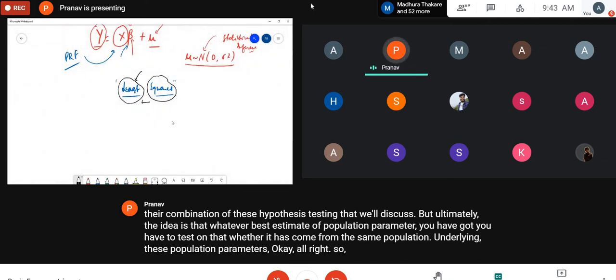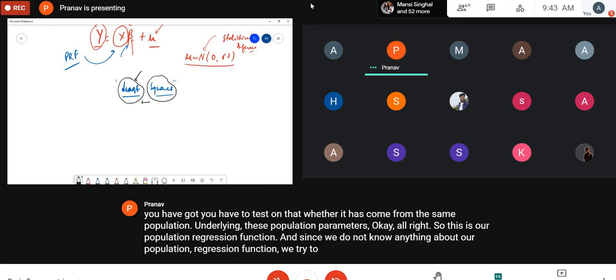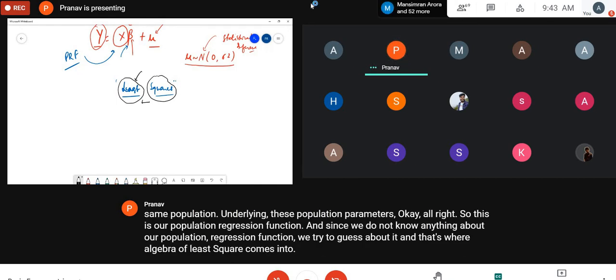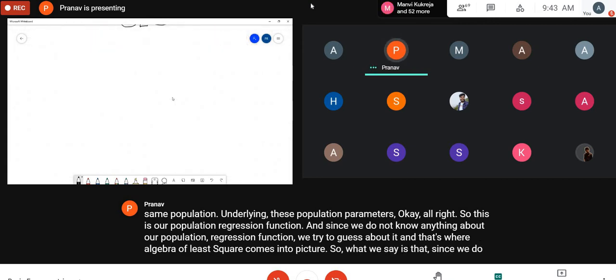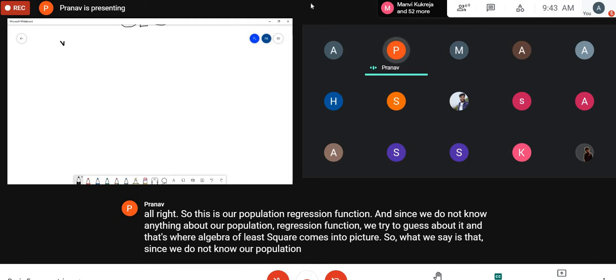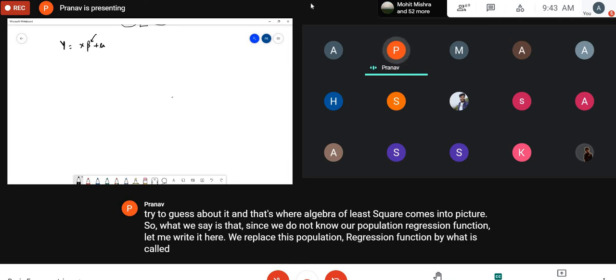So this is our population regression function. And since we do not know anything about our population regression function, we try to guess about it. And that's where the algebra of least squares comes into the picture. So since we do not know our population regression function, let me write it here. We replace this population regression function by what are called sample parameters.